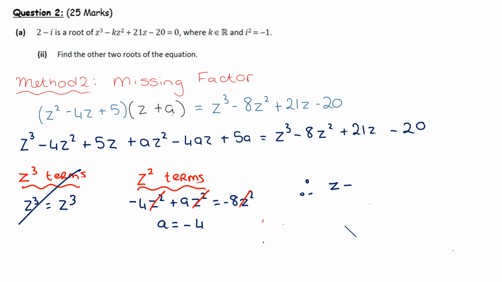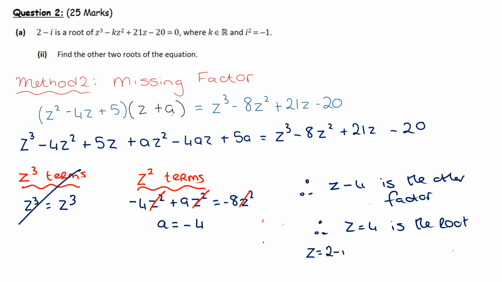So z minus 4 is the other factor, therefore z equals 4 is the root. So you have z equals 2 minus i, we then have the conjugate, 2 plus i, and z equals 4, and these are all the roots.